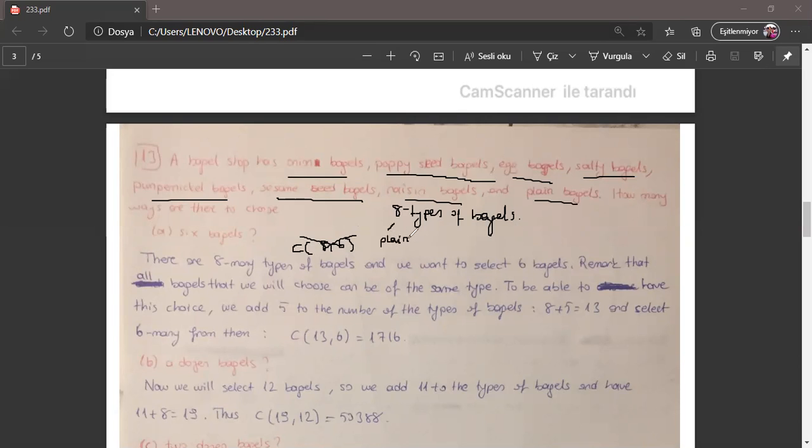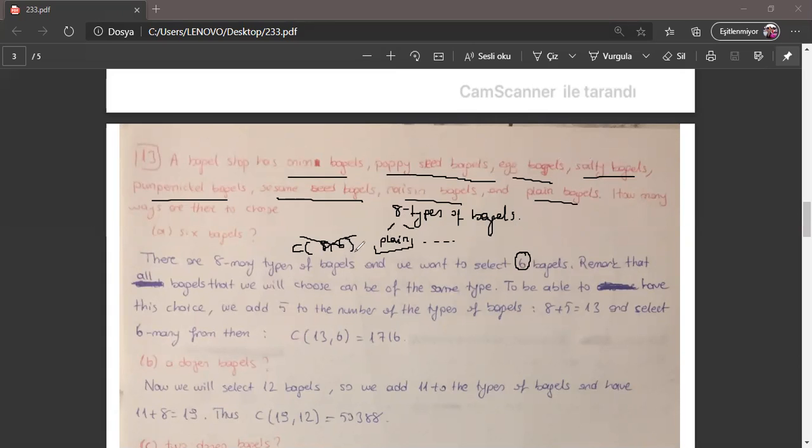The other ones are, for example, raisin, salty, egg. But if we compute this combination, for the 6 bagels we can choose only one plain bagel, okay?